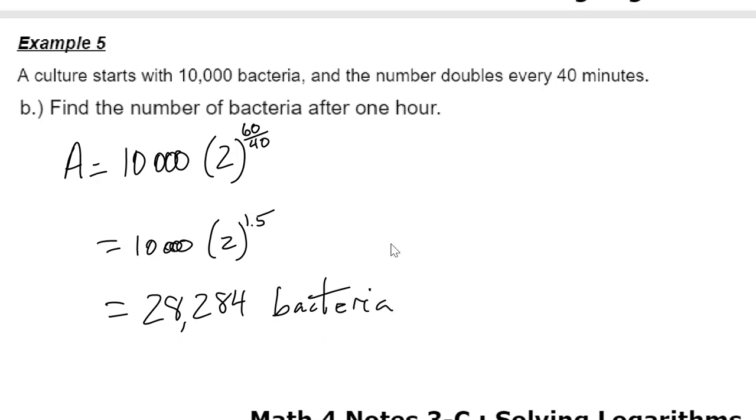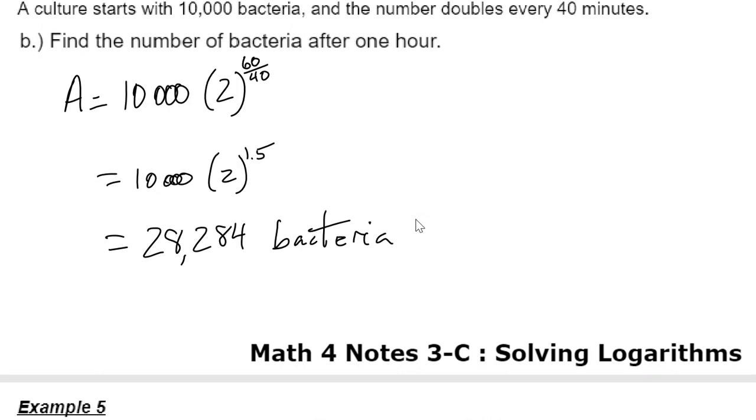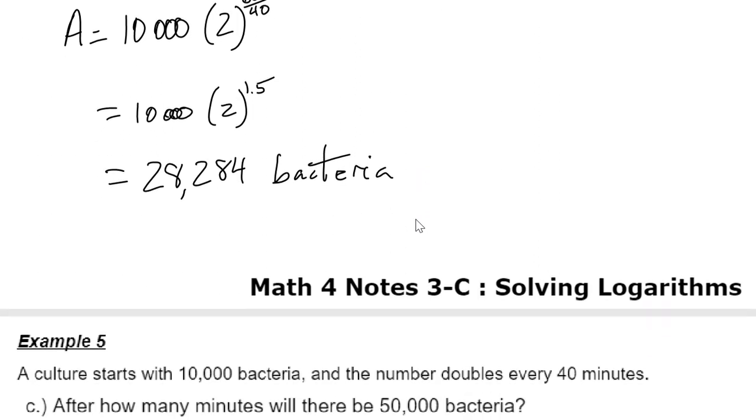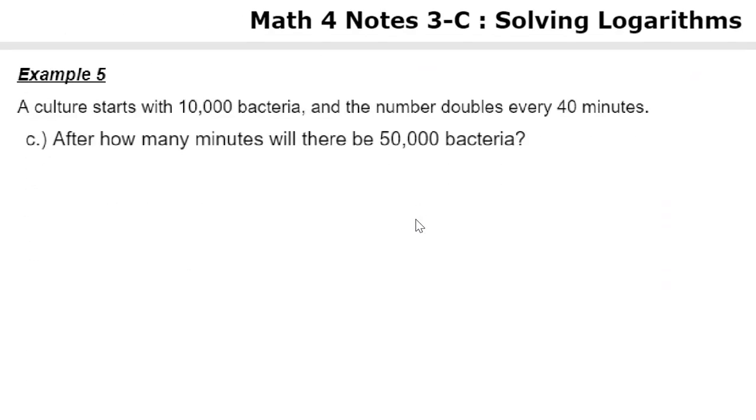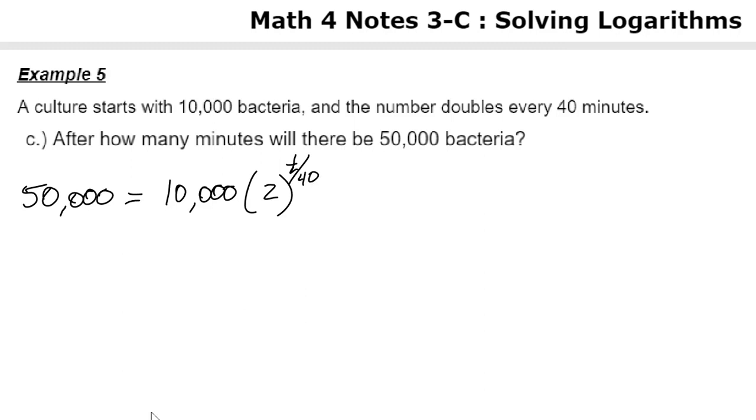Now, if I wanted to turn this around the other way and say, when will I find 50,000? 50,000 is my answer. I started with 10,000, and I don't know how much time it took.